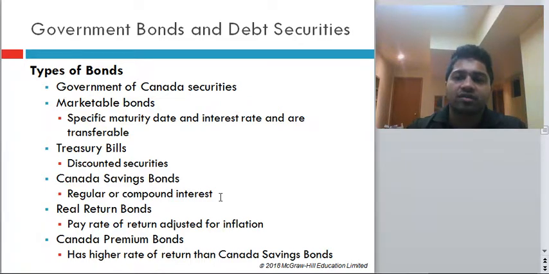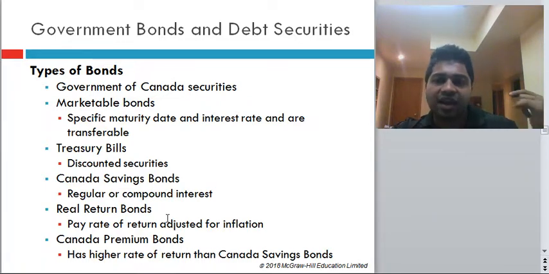Canada Savings Bond started when we were having wars and we had to finance our wars, but it was continued in the 1960s. But the popularity of Canada Savings Bond has decreased a lot and it has been discontinued now. These pay regular or compound interest. Real return bonds are extremely popular now.